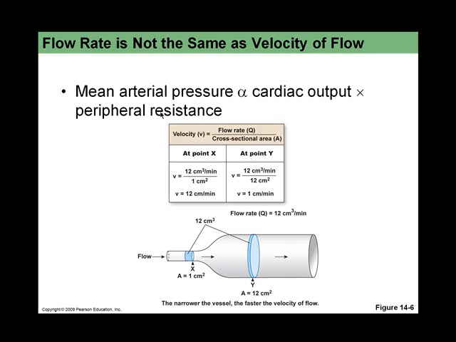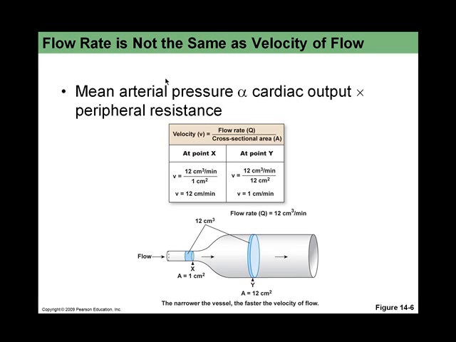And usually it's TPR, total peripheral resistance, so the entire systemic vasculature resistance is what we would have to be thinking about. So MAP is directly proportional to CO times TPR. And we'll revisit this, obviously, as we proceed.